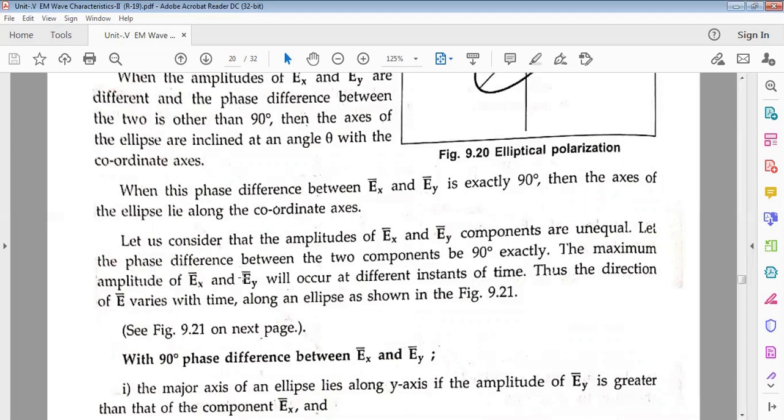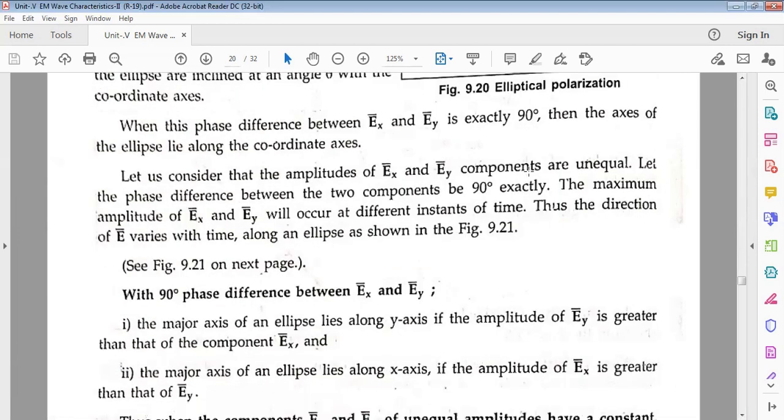The maximum amplitudes of EX bar and EY bar will occur at different instants of time. Thus, the direction of E bar varies with time along an ellipse.